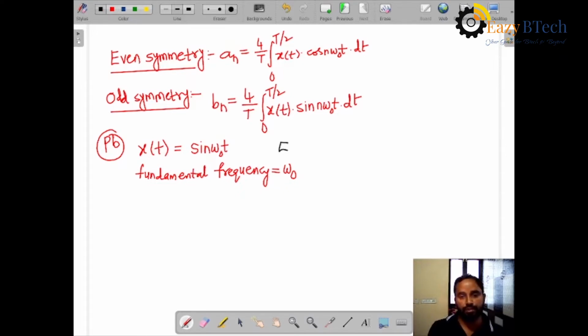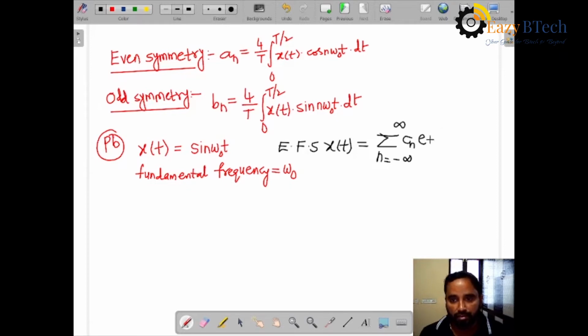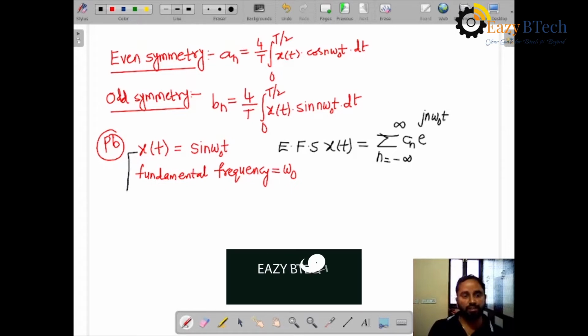What do we know about the exponential Fourier series? x of t is equal to summation n equals minus infinity to plus infinity of coefficients cn e to the power j n omega naught t. Now I am going to write the exponential Fourier series for the given periodic signal x of t.